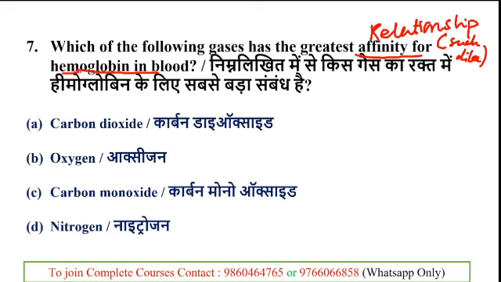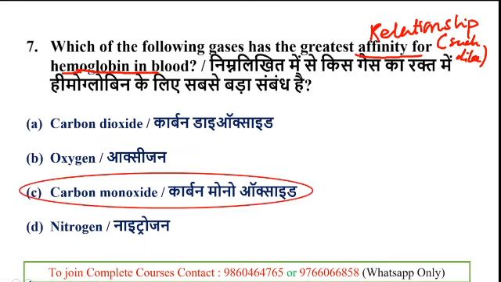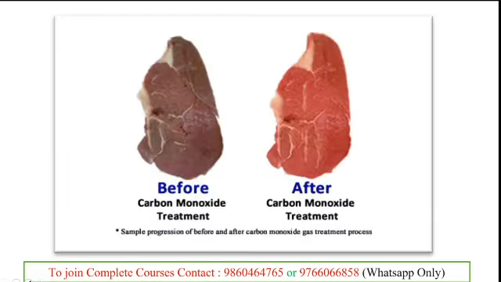Hemoglobin is a substance contained in red blood cells, so the color is reddish. Carbon monoxide has the greatest affinity for hemoglobin in blood. For that we can see a picture here.